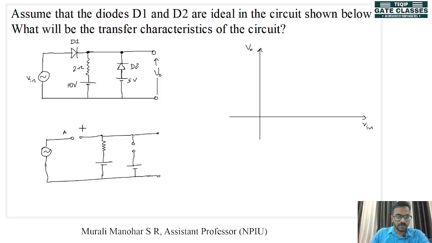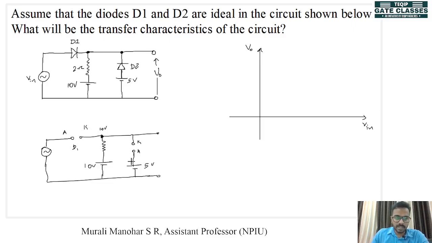This is the anode and cathode of D1. This is the anode and cathode of D2. Now when you look at D1, we can see that the cathode of D1 is connected to 10 volt, right? This point is now 10 volt. So until the anode voltage of D1 is above 10 volt, D1 cannot be turned on, right?